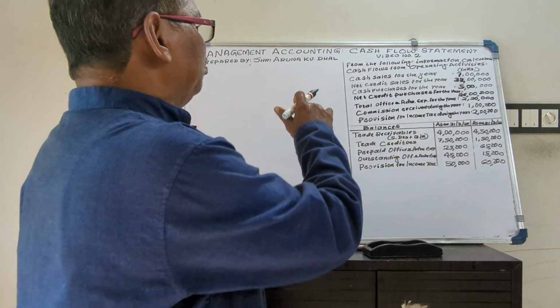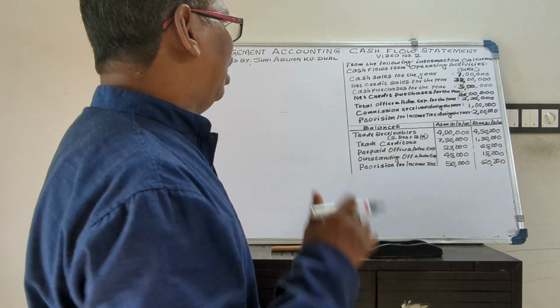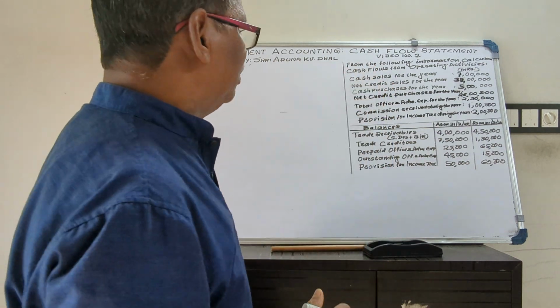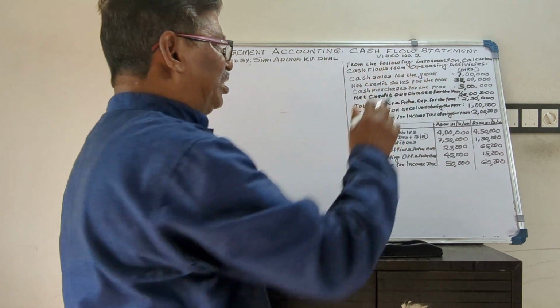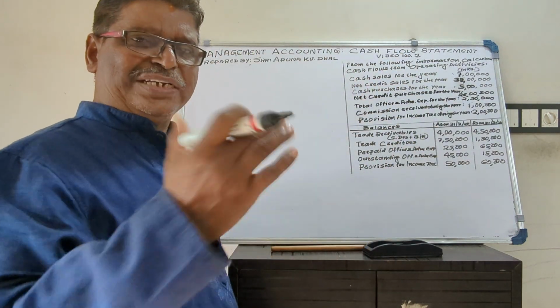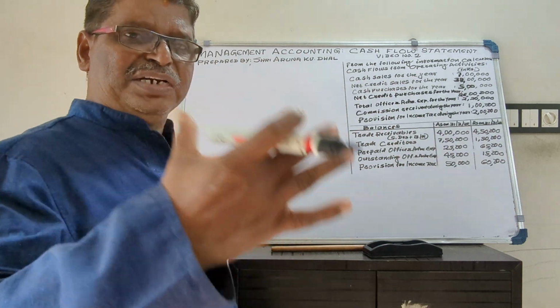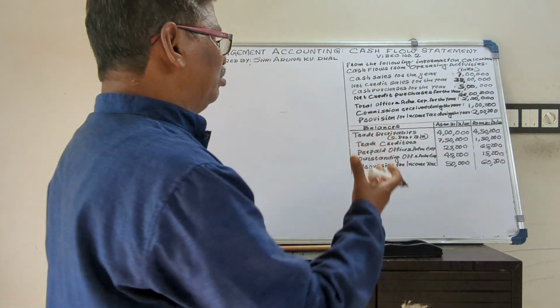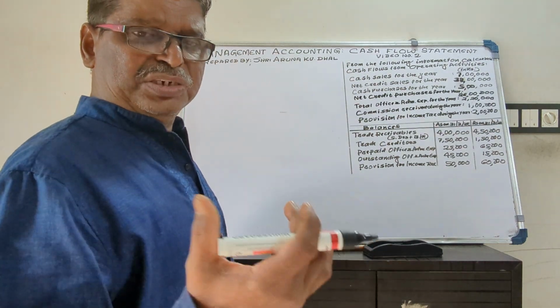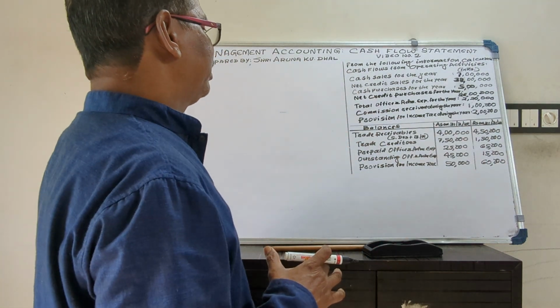So here, from the following information, we have to calculate cash flow from operating activity. Here, cash sales for the year is given 7 lakh. When we sell the goods for cash, definitely, immediately cash is generated to the business, or there is inflow of cash, or check is coming to the business.